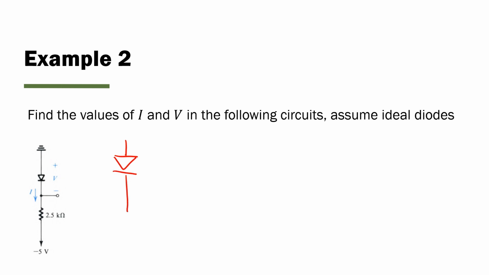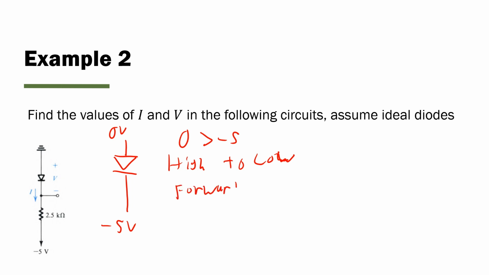Let's draw the diode. The anode observes 0 volts. The cathode observes negative 5 volts. Again, you got to be careful. 0 is greater than negative 5. So we're going from high to low. So this diode is forward biased.